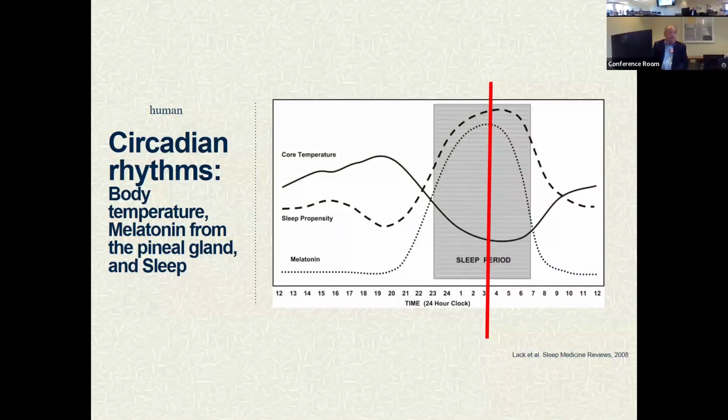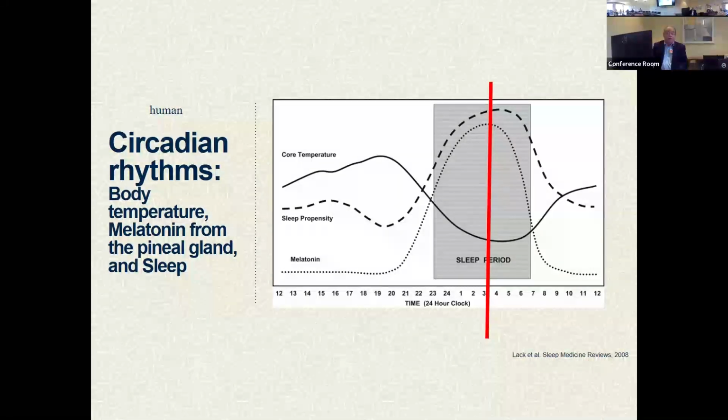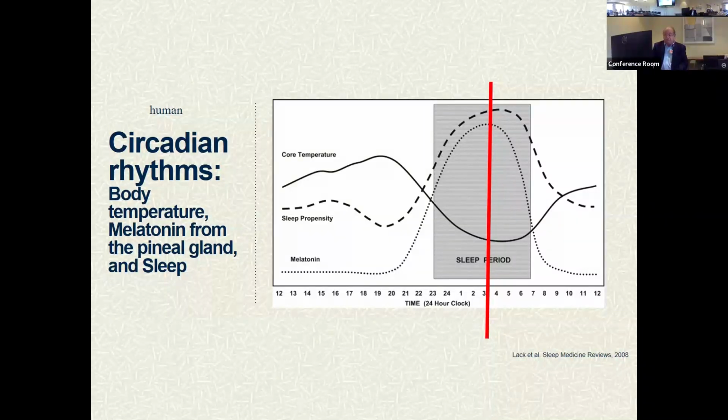But the mid-sleep period is useful because now you can have a number that you can put on an individual or a group of individuals. What's that? Well, that's the time between the rise of melatonin and when you start to go to sleep. You notice it's about 2 hours, so that's what we tell them, to take their melatonin 2 hours before.